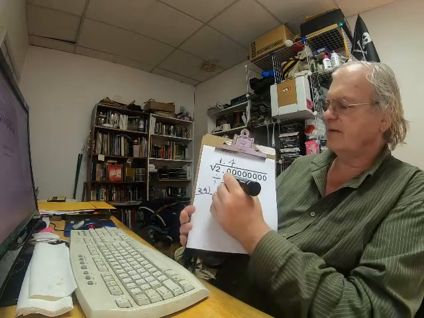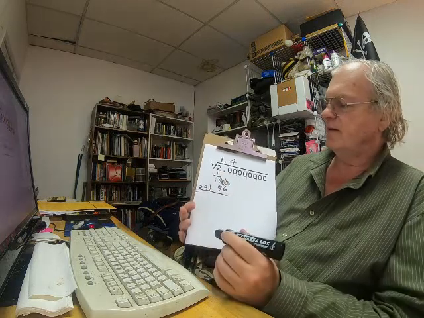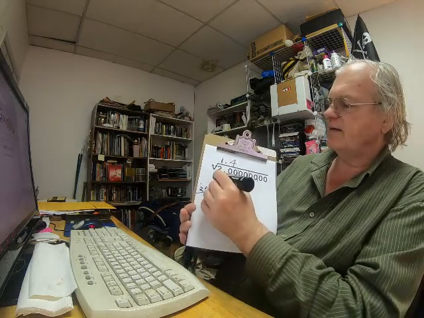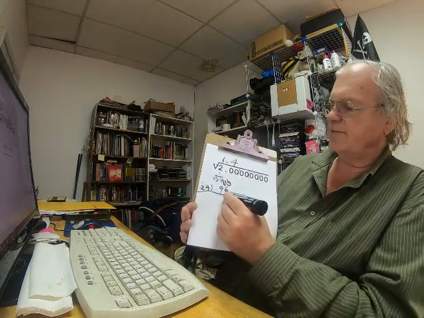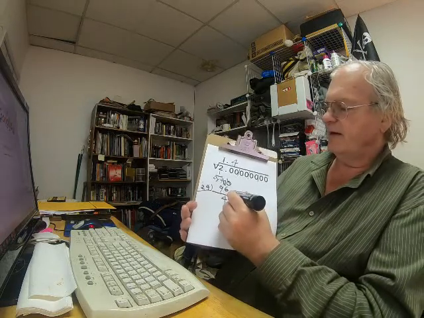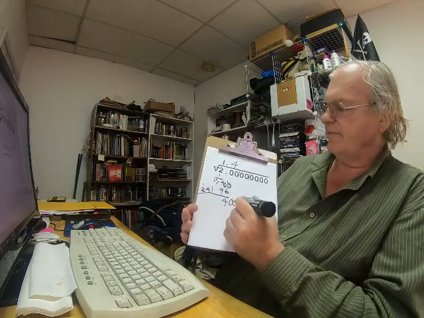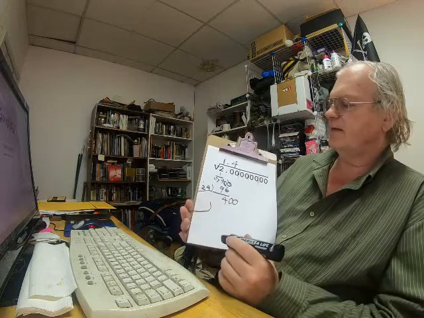6 from 0, we carry the 1 over there, reduce that to 9, that goes down to 0. 6 from 10 is 4. 9 from 9 is 0, so we have 4 here. And then we have a couple digits here. Bring down that next 0, and we have that.